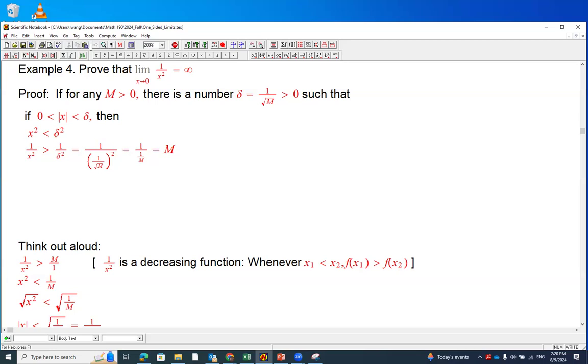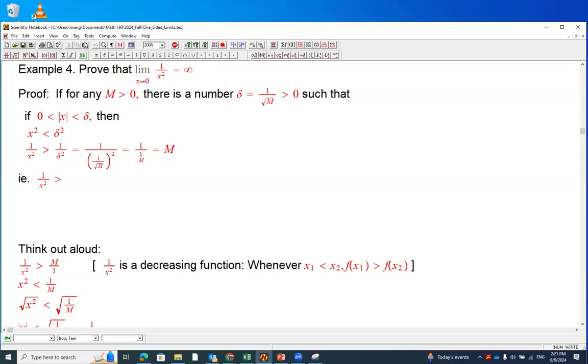So we have demonstrated that for any capital M greater than 0, we found the delta larger than 0 such that the function is larger than M. That is, 1 over x squared is larger than M. Algebraic manipulation, okay?